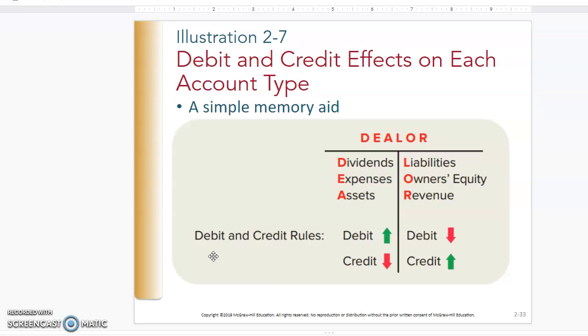Cash goes up when the company receives it. So we know we're going to debit cash. Now we know the transaction has to balance, so the other side of it has to be a credit. And if we are selling common stock to the stockholders, then our credit is common stock.